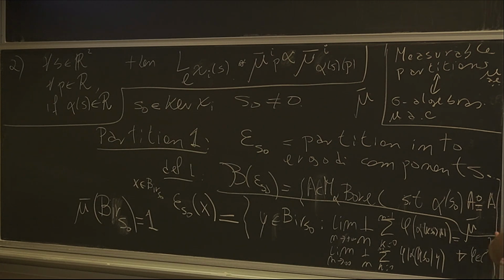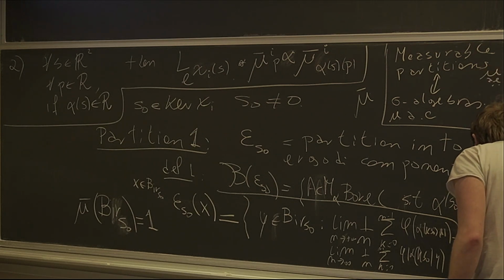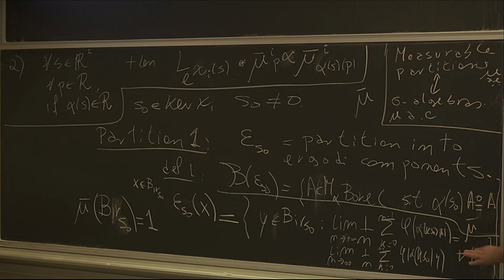So take any dense set of functions in L1 and ask it for this set of functions. It should be countable, so if I want to do it carefully, it should be countable. But once you have it for the countable family, then you will have it for every continuous function, not for every L1 function, but for every continuous function, just by continuity.